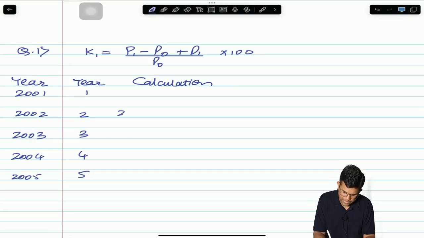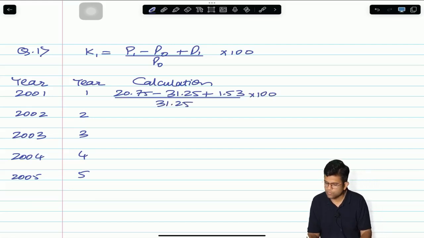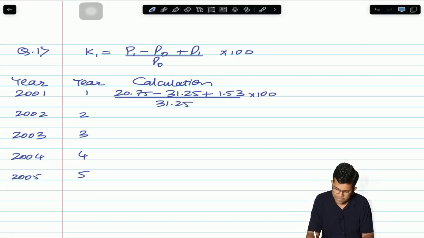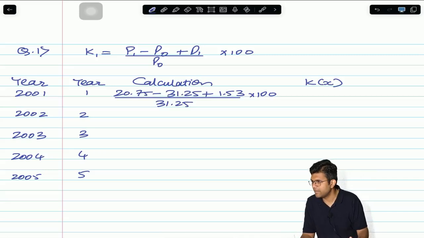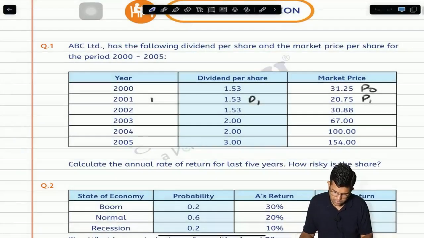So 20.75 minus 31.25 plus 1.53, the whole upon 31.25 into 100. Students, whatever return you get, that will be K, which we also call X. Everyone clear now? We call it X, the return. Done?